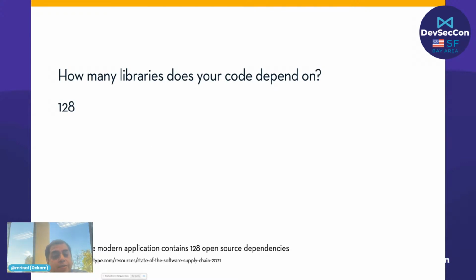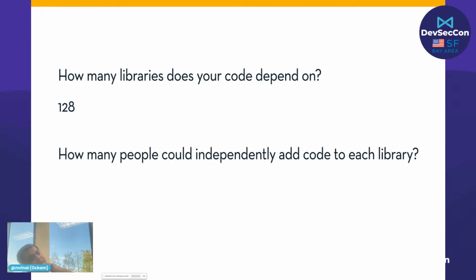So it's 128, right? Now, how many people could independently add code to each library? My guess is, and this is a made up number, 5. If 5 people could probably push to some open source library that I'm depending on, that means 128 times 5, that's 640 people who could do something in a library my application is depending on and cause my application to become vulnerable.